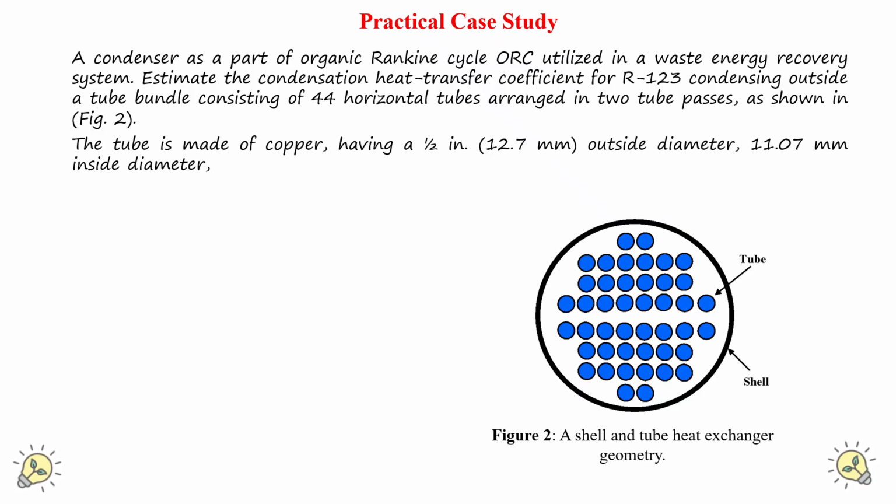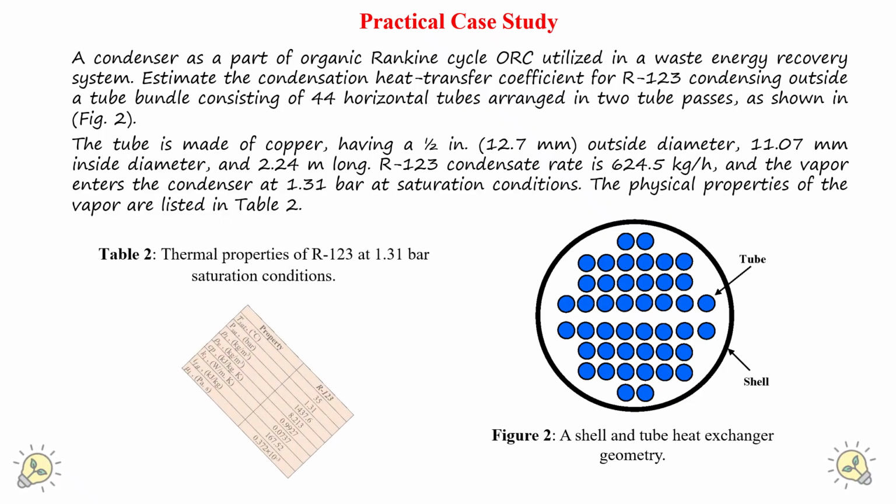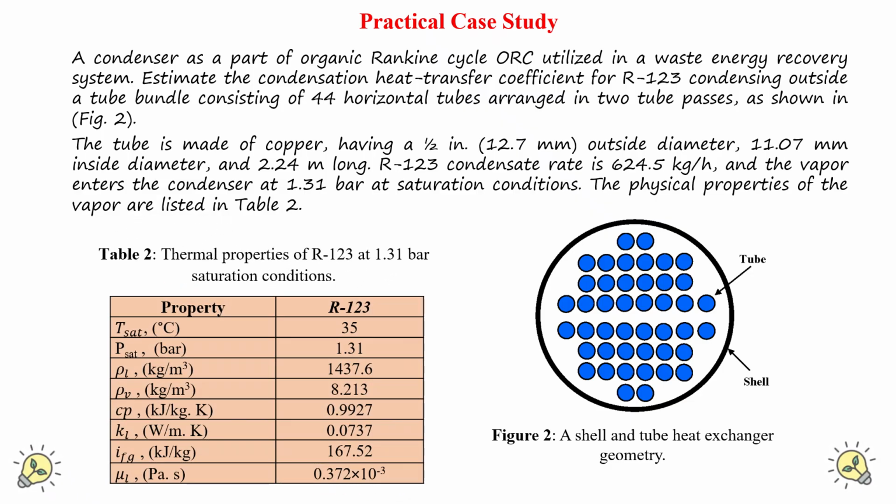The tube is made of copper with a diameter external outside 12.7 and internal 11.07 with a tube length of 2.24 meter long. And we have a refrigerant flow rate of 624.5 kilogram per hour, where the vapor enters the condenser as saturated vapor at pressure 1.31 and to be condensed on this tube bundle.